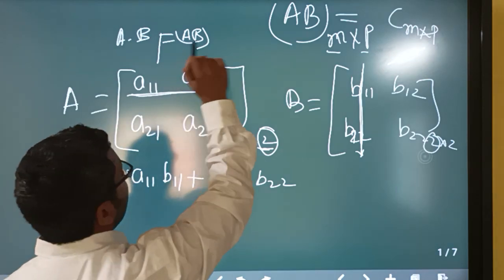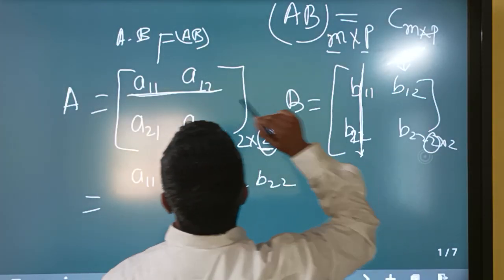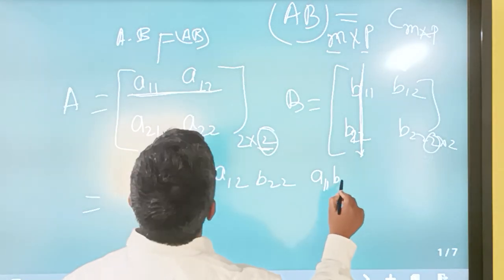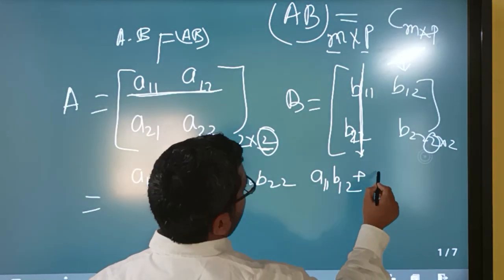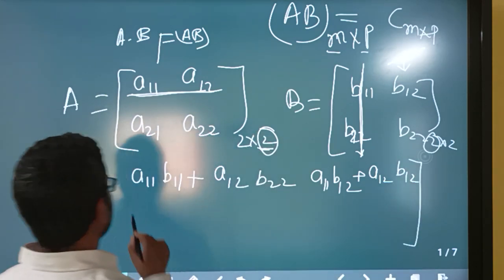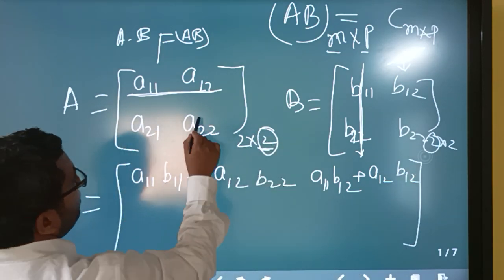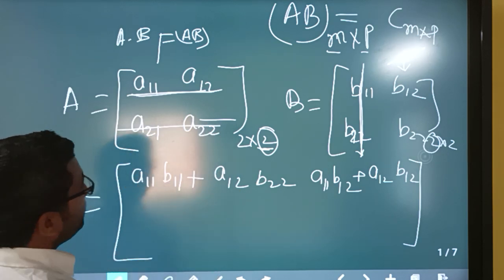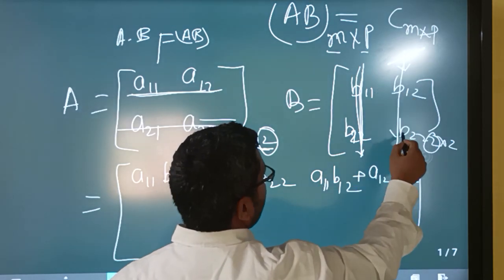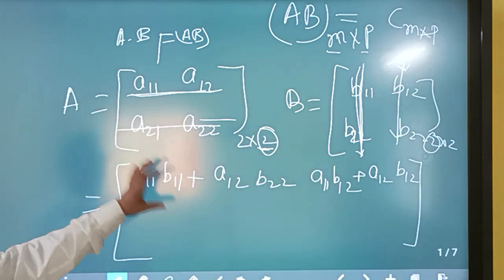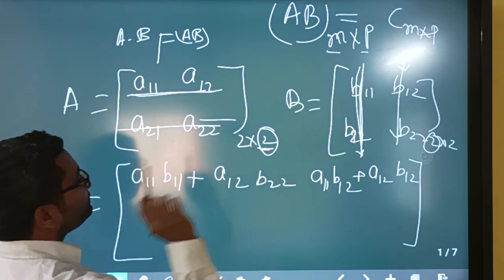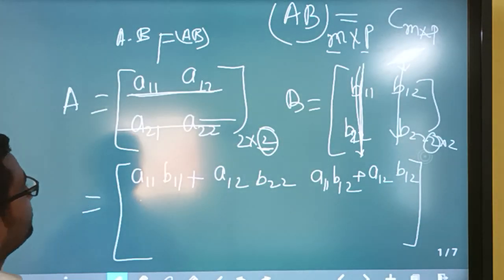Similarly, for the second row and first column, and second column, we write the value of each element row-wise.